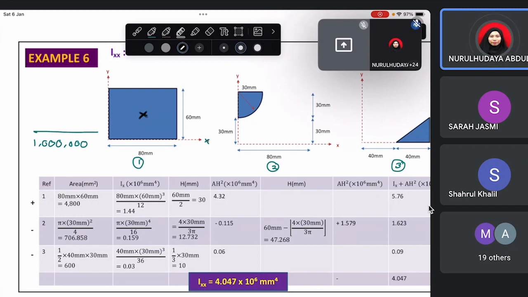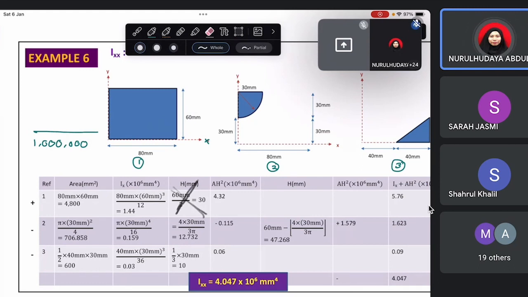But you want to find the Ix about the x-axis. Not at the centroid. If the x were at the centroid, it would be this, and there would be no H. Okay, because there is none. This is already at the centroid. Alright, if x is here. But this x is at the bottom. So we need to find the value of H.